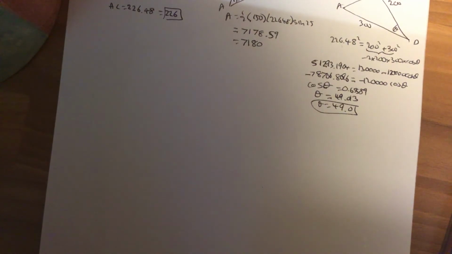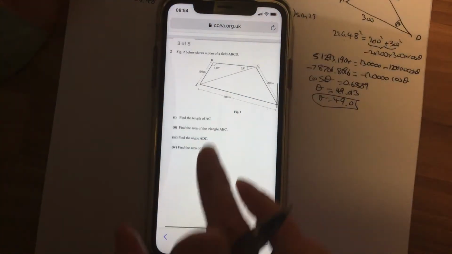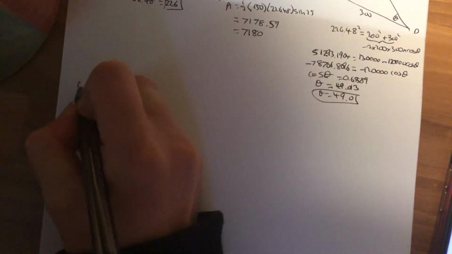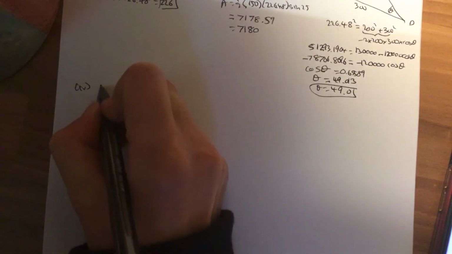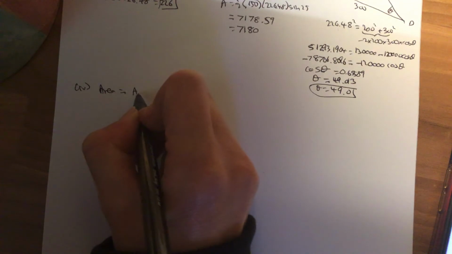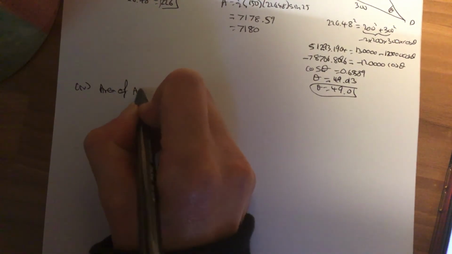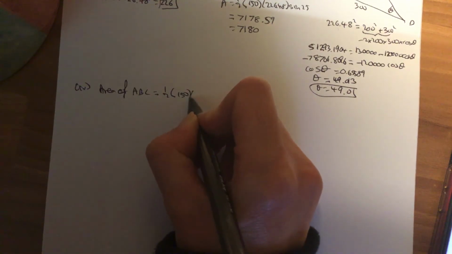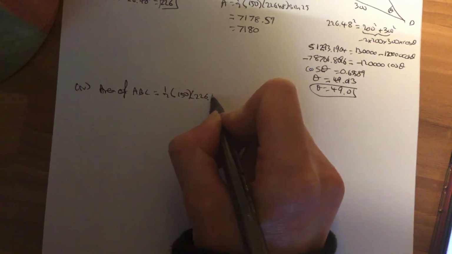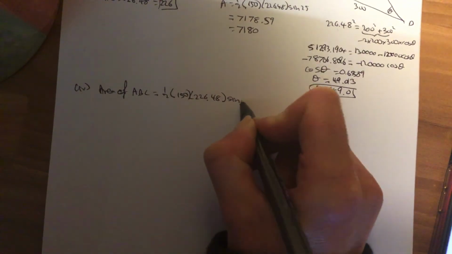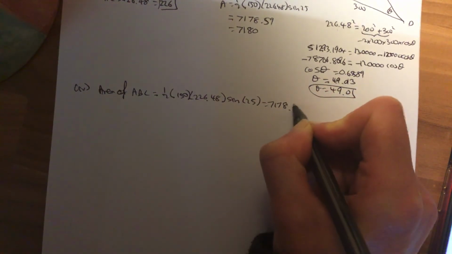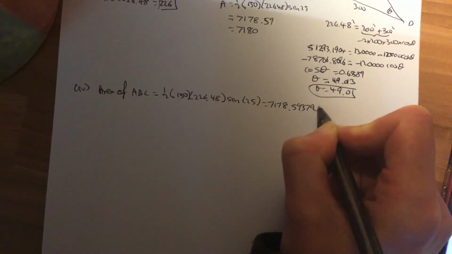And the last bit of this question here is find the area of the field. So find the area of the two triangles, then add them together for the last bit. So area of ABC is a half the two sides, so half 150 times 226.48 times sine the angle between them, which is 717.893794.